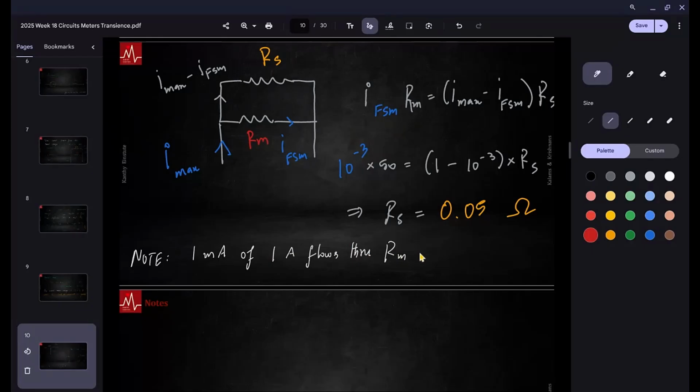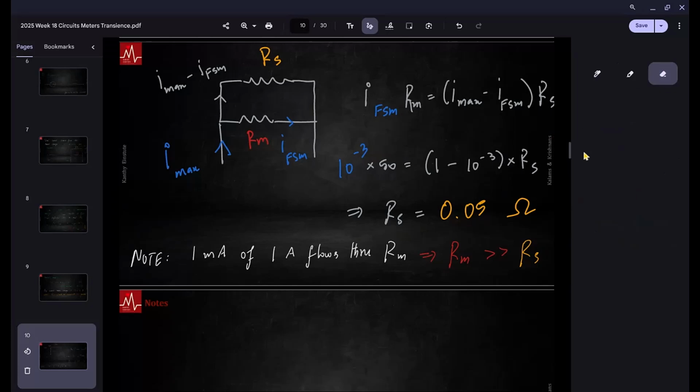That implies RM is very much higher than RS, because a small current goes through RM. That means the resistance of RM is very high. That is why, in the first place, we are adding a shunt. So this logic helped me catch that issue.